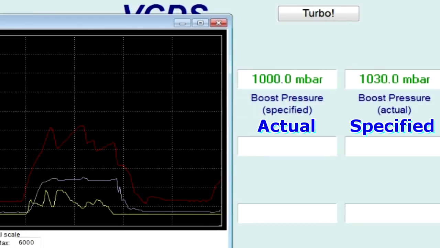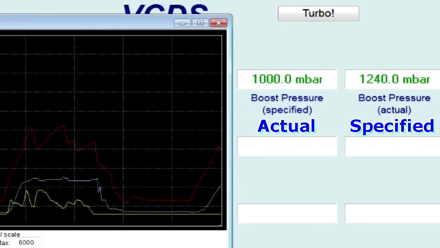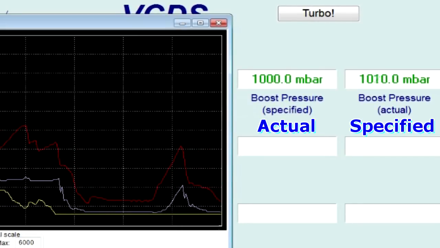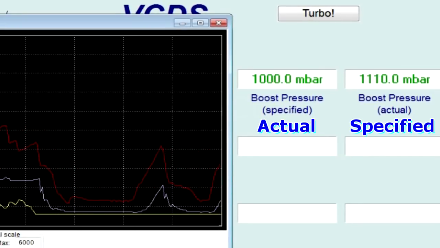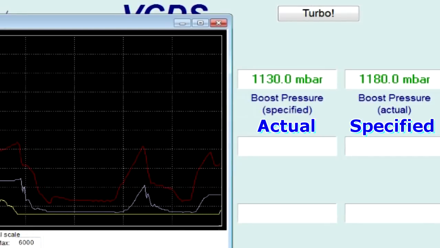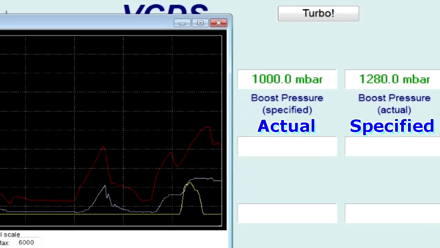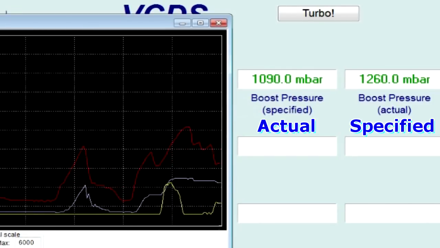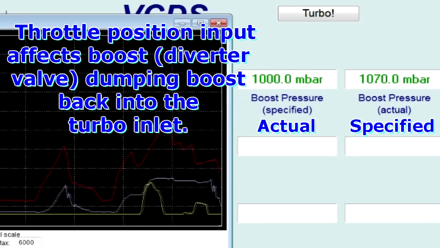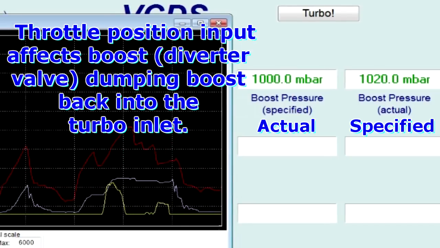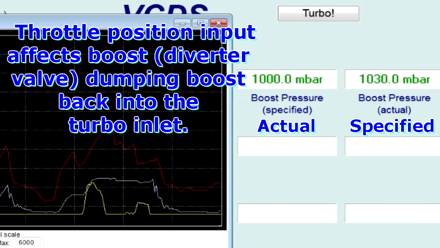It knows I want X amount of power, and so it's trying to maintain or get to that boost. And then you can see the irregular yellow graph. There is the irregular yellow being actual.